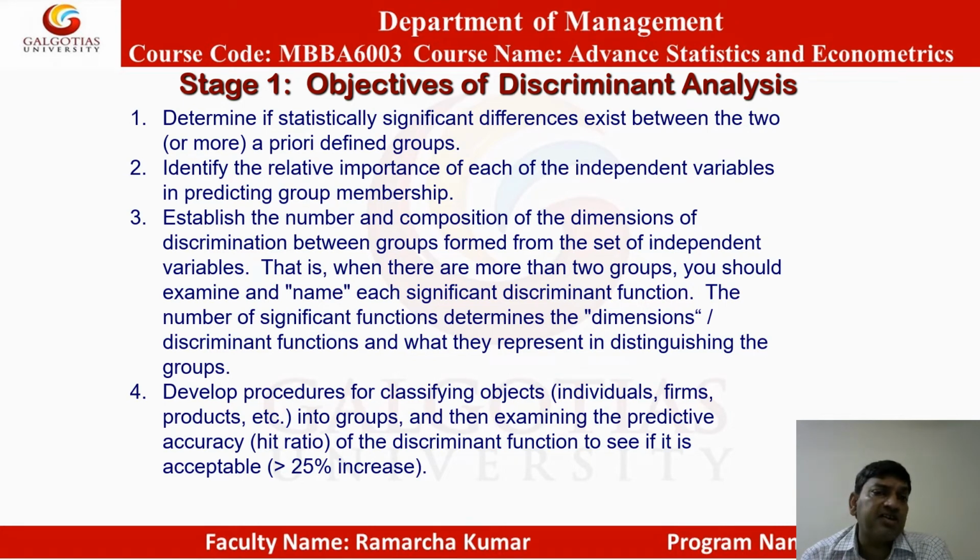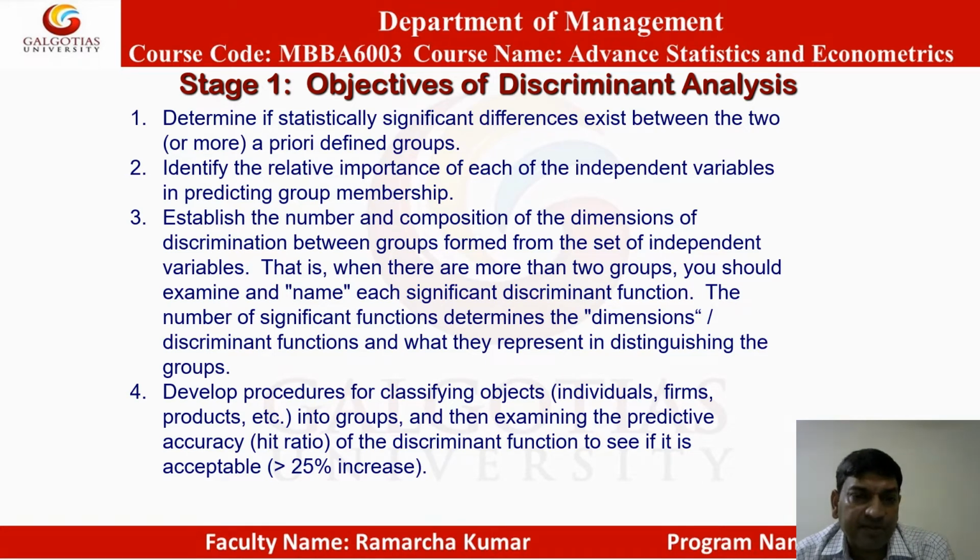Establish the number and composition of the dimensions of discrimination between groups formed from the set of independent variables. That is, when there are more than two groups, you should examine and name each significant discriminant function. The number of significant functions determines the dimensions of discrimination and what they represent in distinguishing the groups.